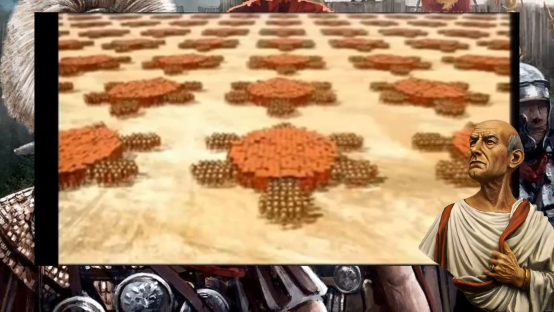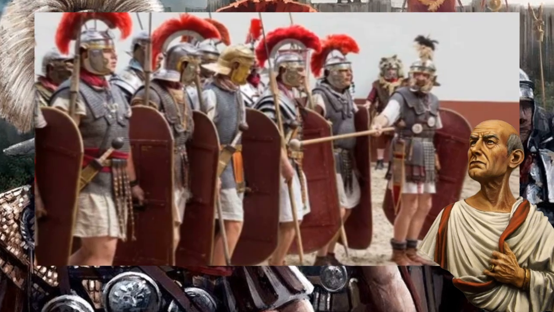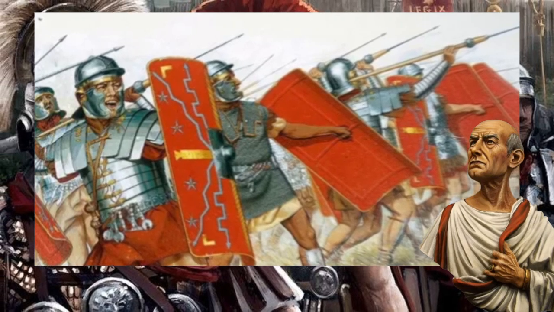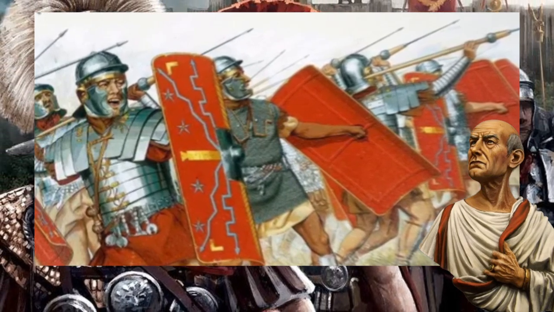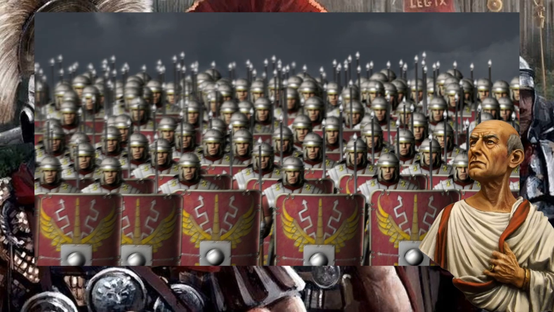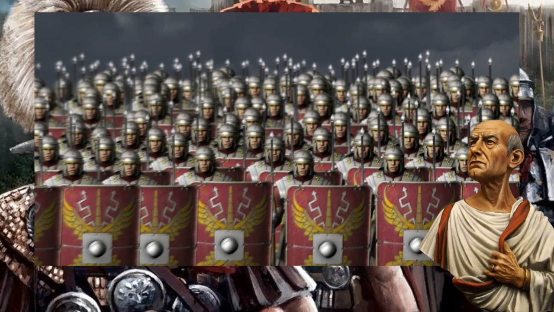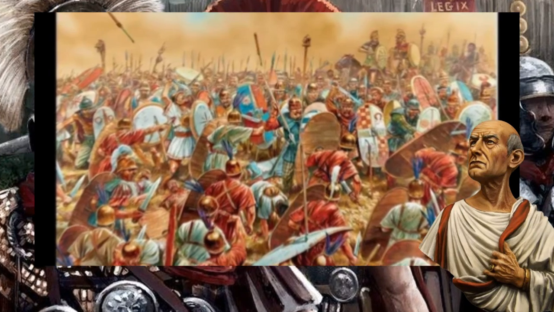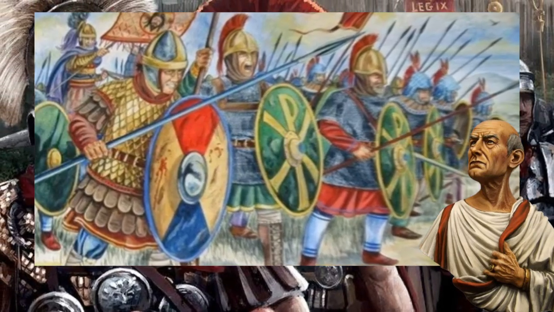Since they were lighter armed, they had greater mobility than the legionaries. They could start a fight, and in case of threat of defeat retreat under the cover of the legion and reorganize.